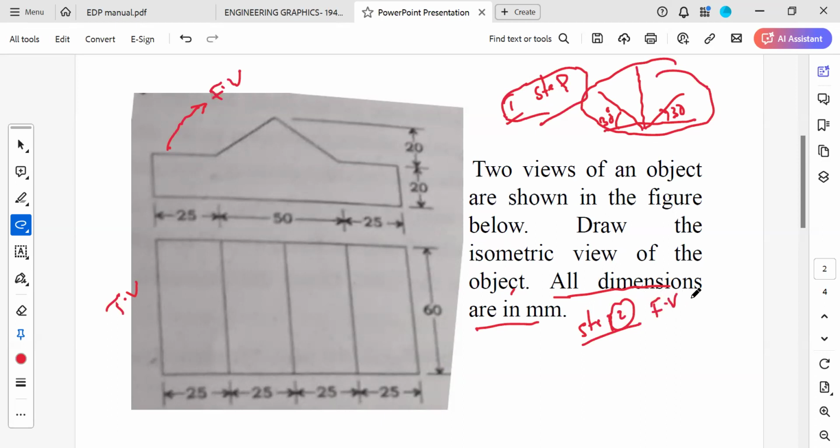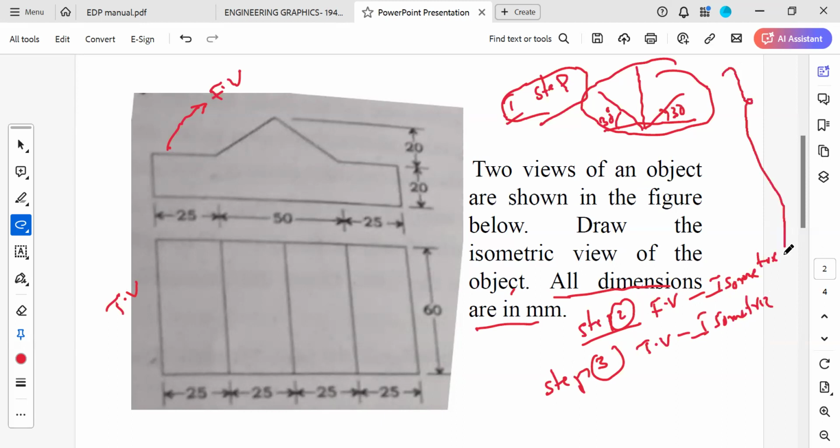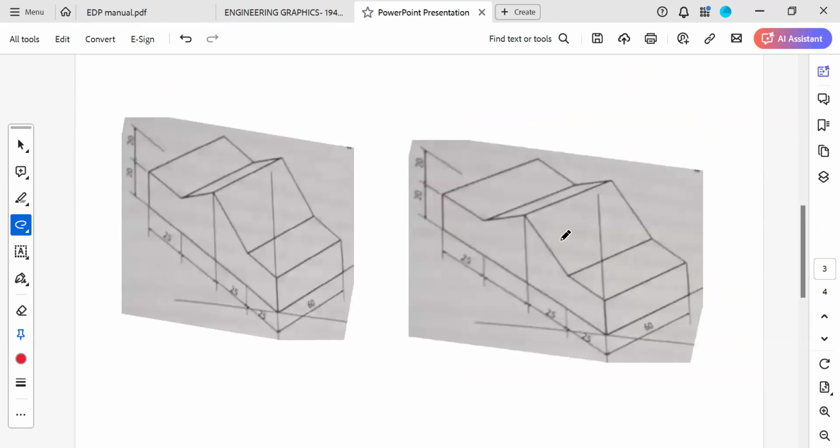The third step will be the isometric view of the top view, which will correlate with the front view. So in three steps we are completing this isometric view. This is the solution for the given problem.